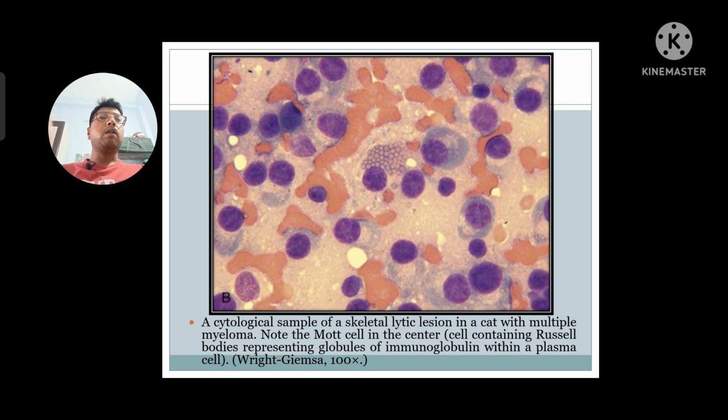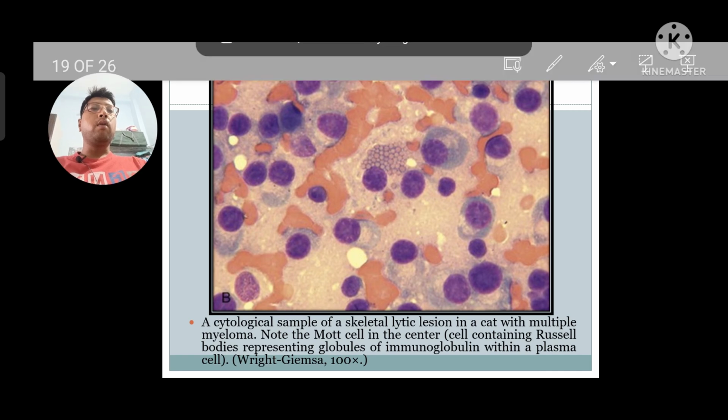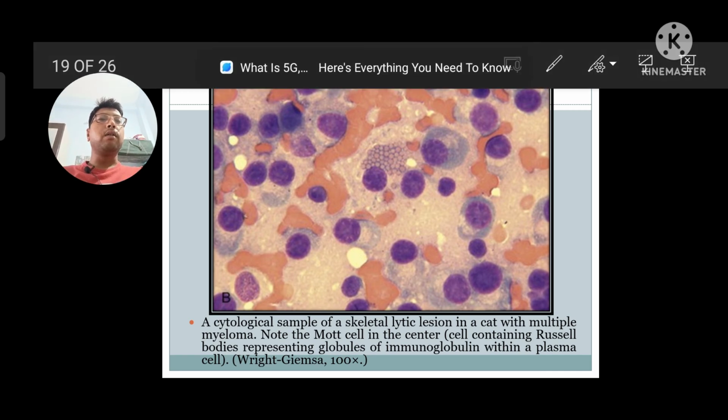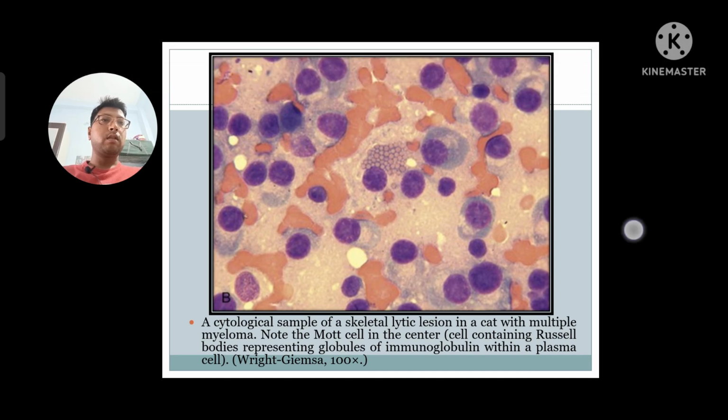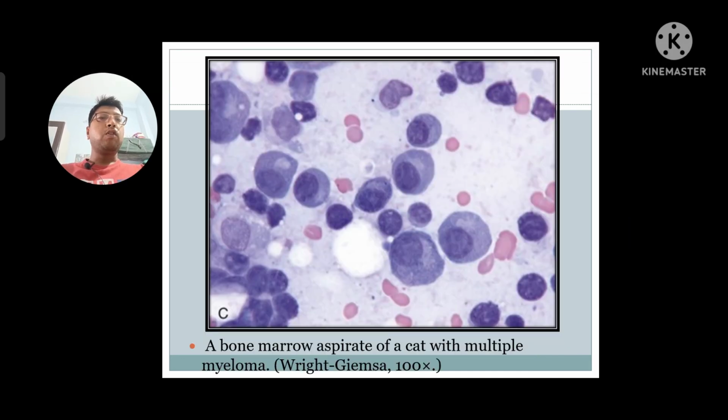Now in this picture you can also see a Mott cell, and in the Mott cell there is a presence of immunoglobulin inside the plasma cell. In this picture you can see different types of plasma cells having eccentric nuclei, and these multiple myeloma cells can be seen clearly.